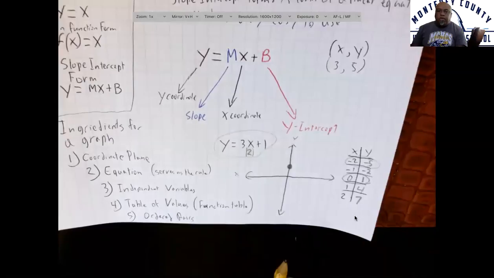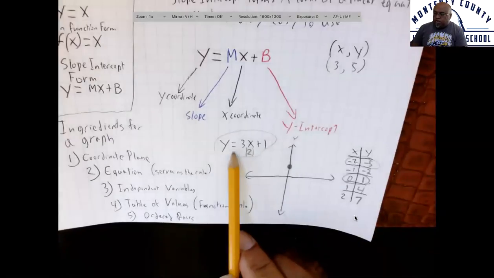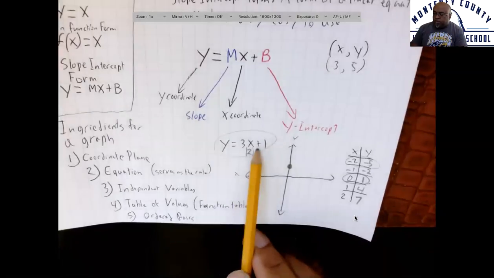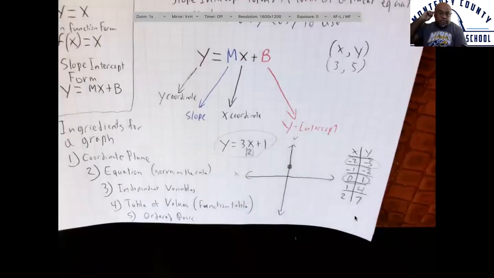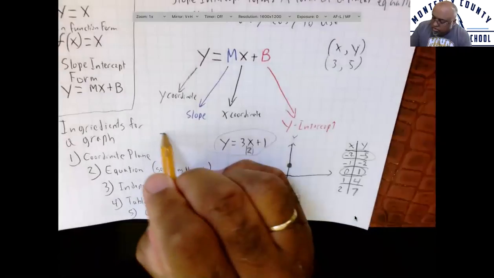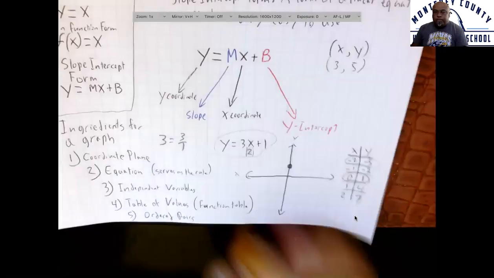Okay? So if you are given an equation that has y is equal to the slope times x plus 1, then it makes it easy. Now, let's find the slope. Well, the slope is 3. It's a whole number. Now remember, any whole number can be written as a fraction over 1.